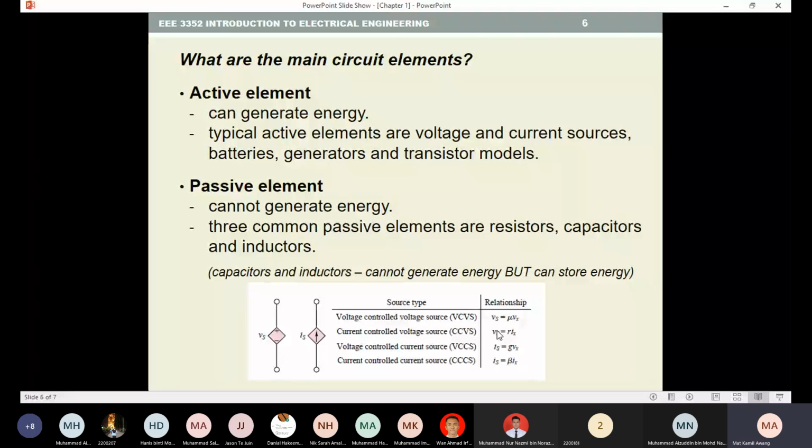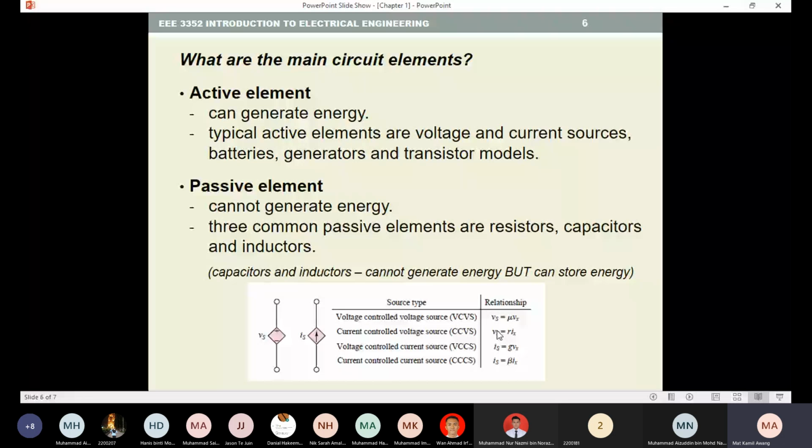That's why we study RL circuits and RC circuits, because L and C store some energy that can produce current and flow in your circuits. So we will do those kinds of analysis later. Now we go to the source types.